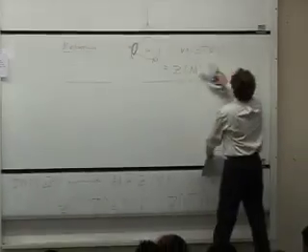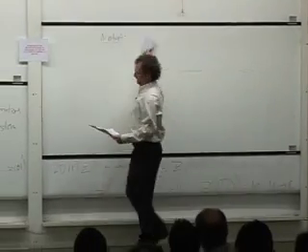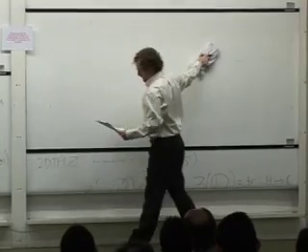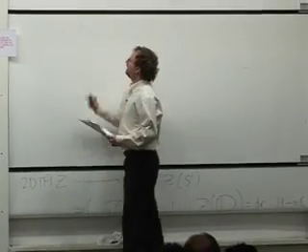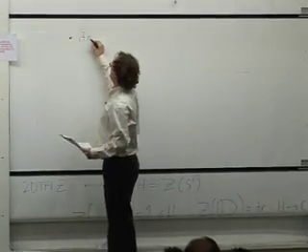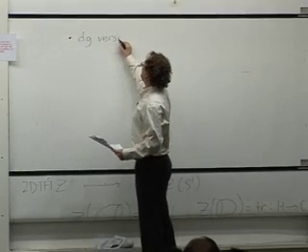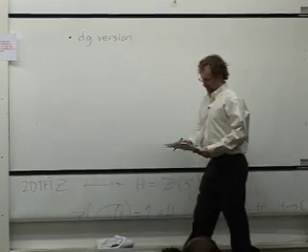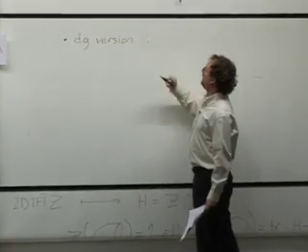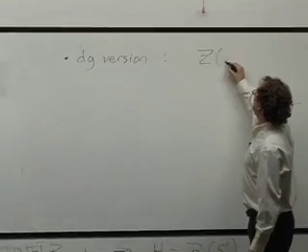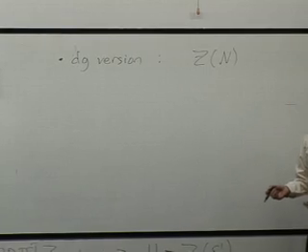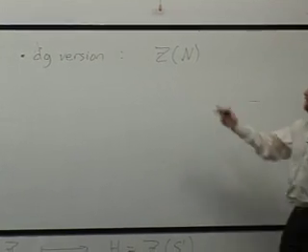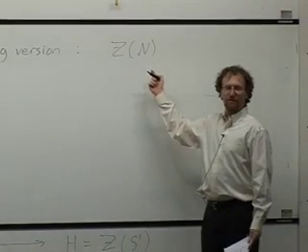Okay, and since we've been doing that all week, we might as well also do a DG version because it's fun. So instead of Z of n being a vector space, we can do various variants. For example, we can ask Z of n to be a graded vector space.